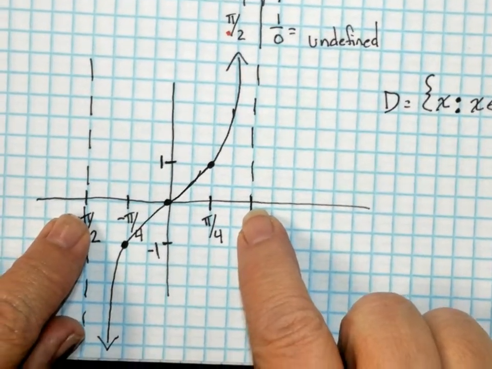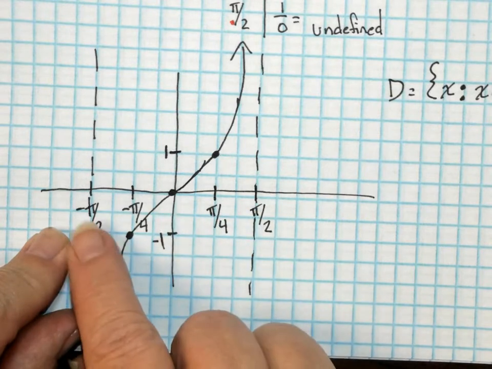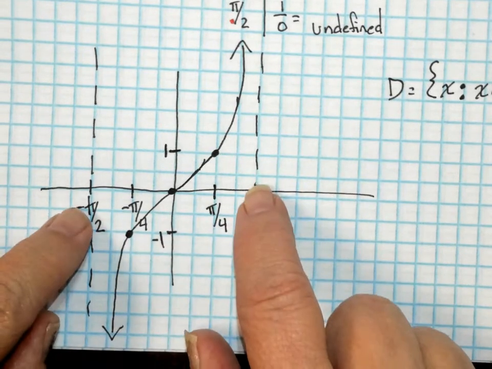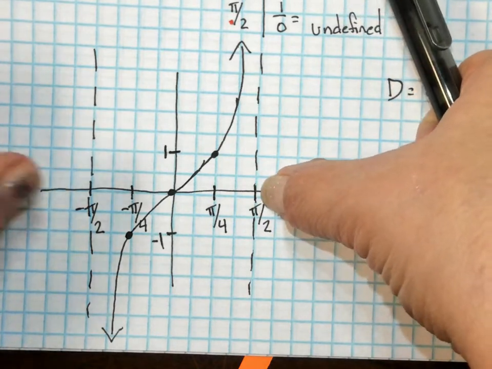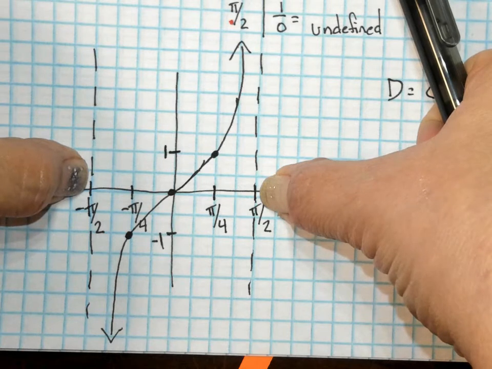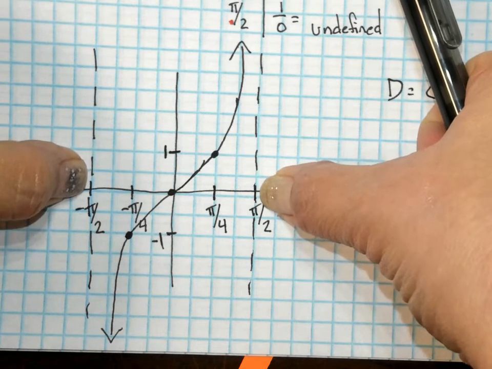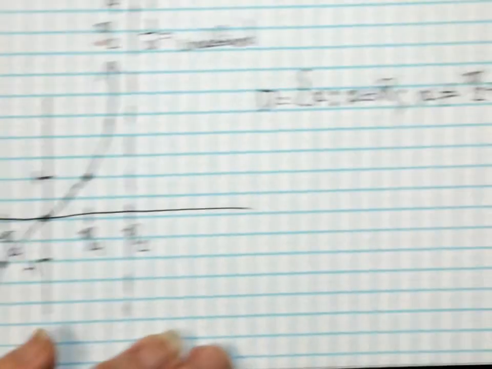How far away is the next asymptote? What's this distance right here? What's the distance between negative pi over 2 and pi over 2? 2 pi over 2, which simplifies to pi.